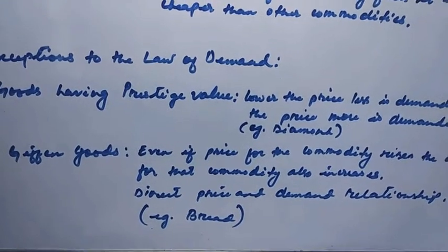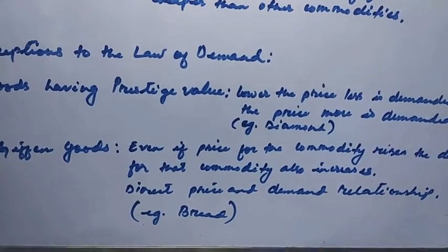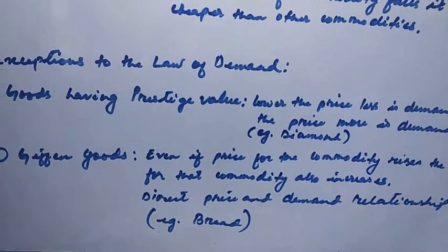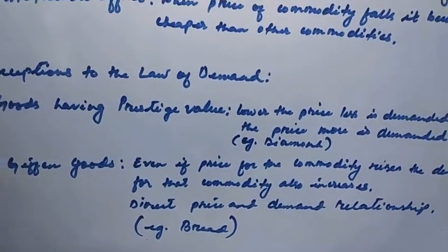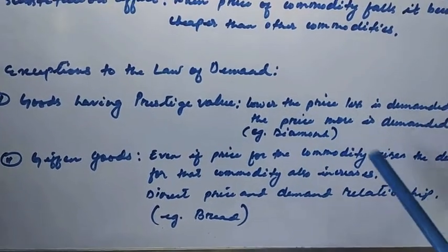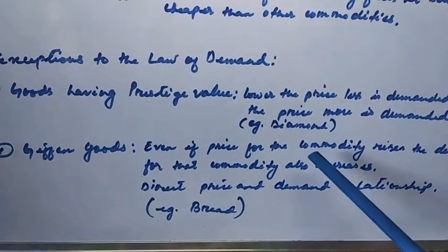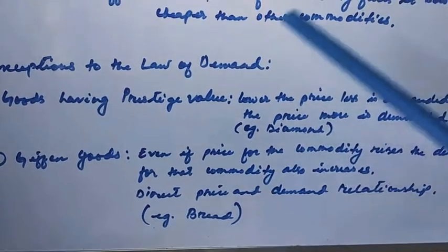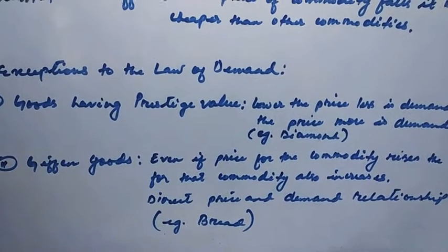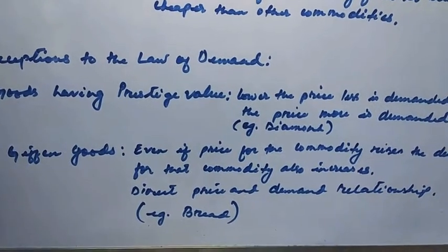After the name of Robert Giffen, such goods, in whose case there is a direct price-demand relationship, are called Giffen goods. Even though the price has increased, quantity demanded also increases. So there is a direct relationship between price and quantity demanded.